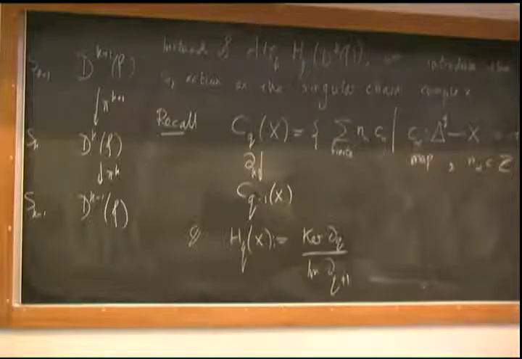That's always true in homology. So we don't just get alternating chain groups, we get an alternating chain complex.